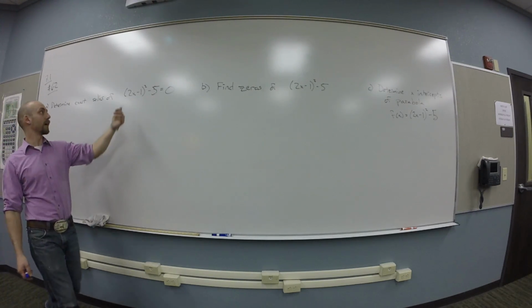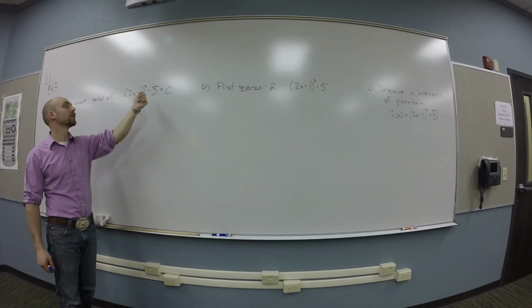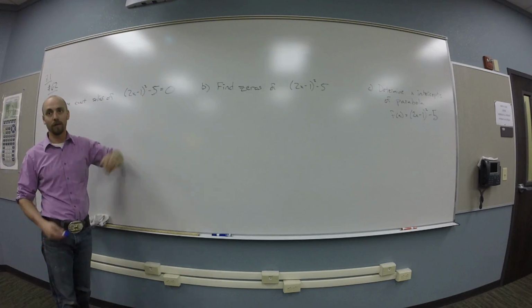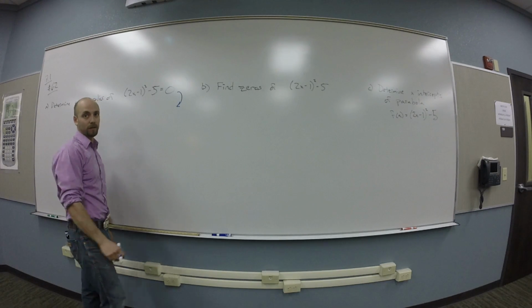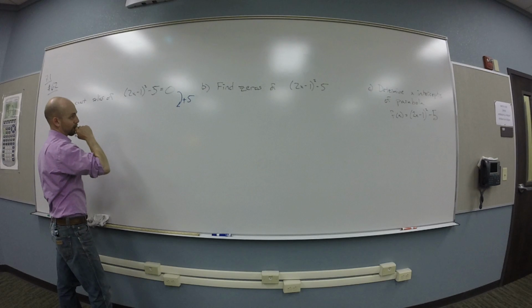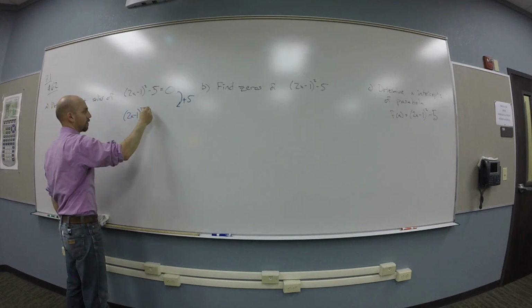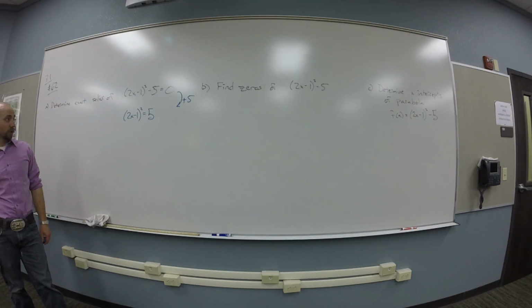If I put an x in, I multiply by 2, I subtract 1, I square that, then I subtract 5. So the last thing I did was subtract 5. How do we unsubtract 5? Add 5. So I get (2x - 1) squared.